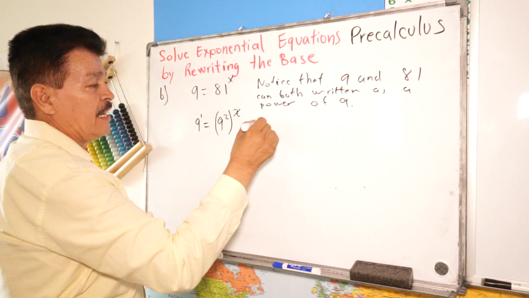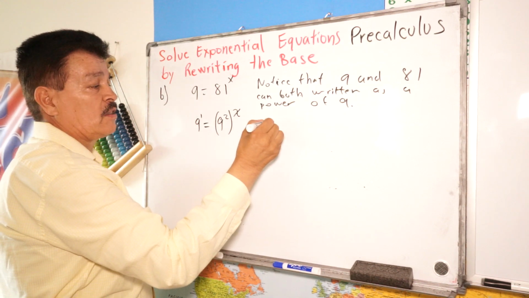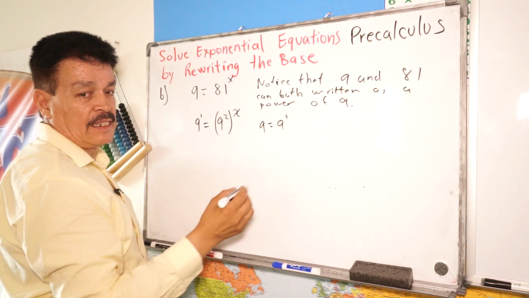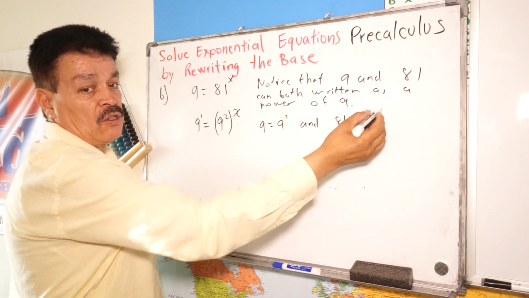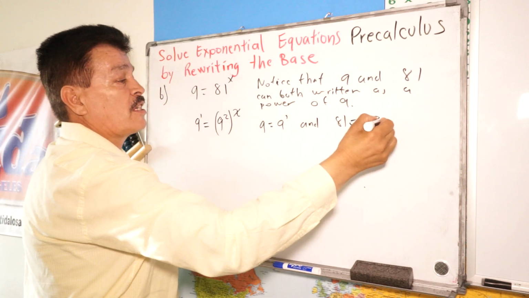So here 9 equals 9 to the 1 power, right? And 81 equals 9 to the second power.